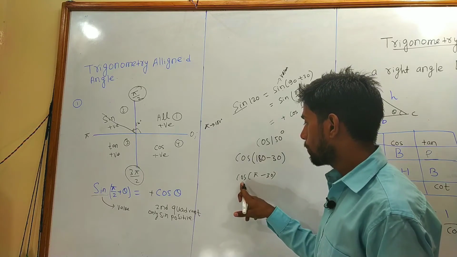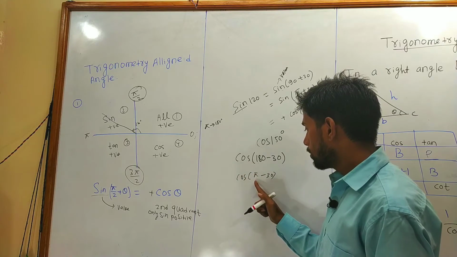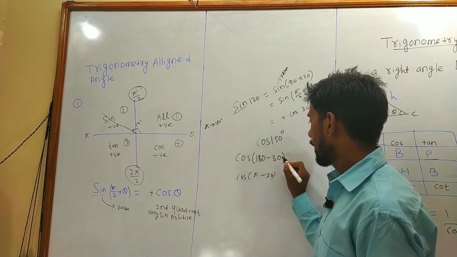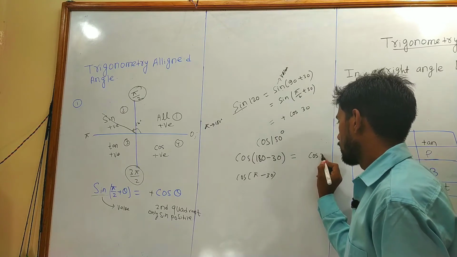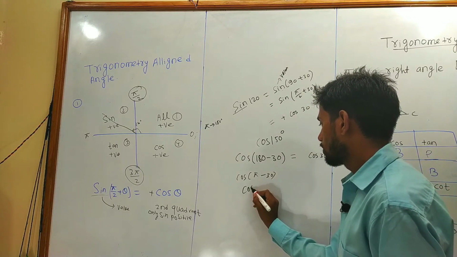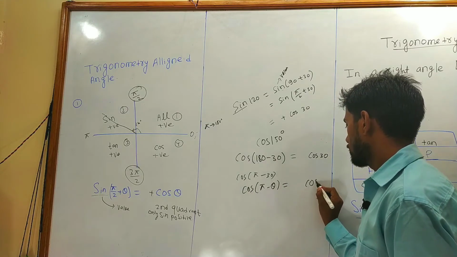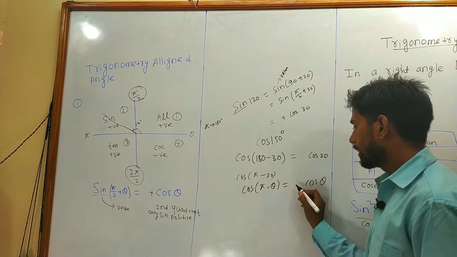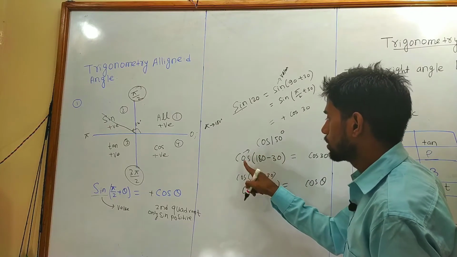The trigonometrical identity will not change, means cos 180 degree minus theta gives cos 30. That is cos pi minus theta is cos theta. Whether it is positive or negative we have to check. We have to give value to this cos.